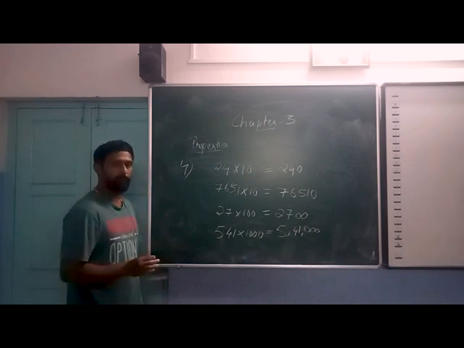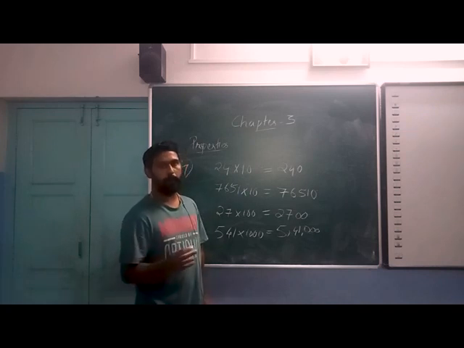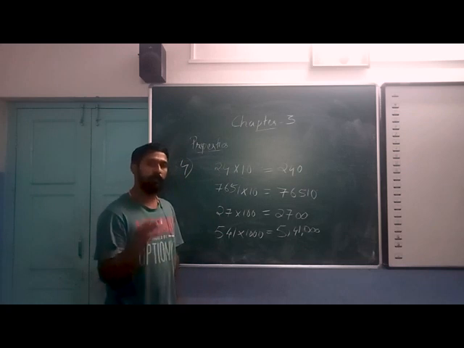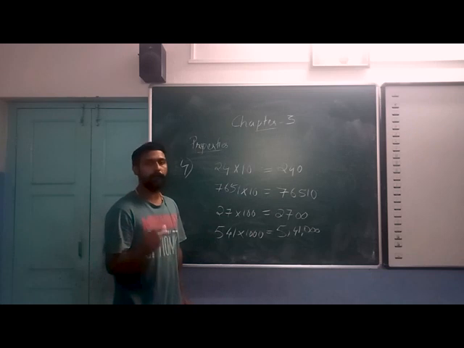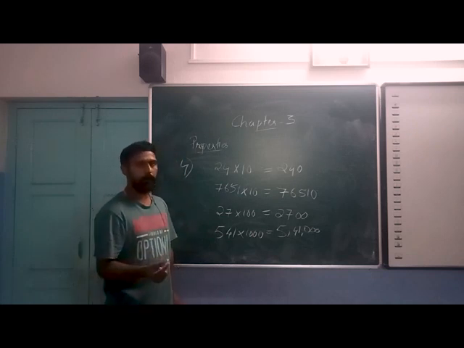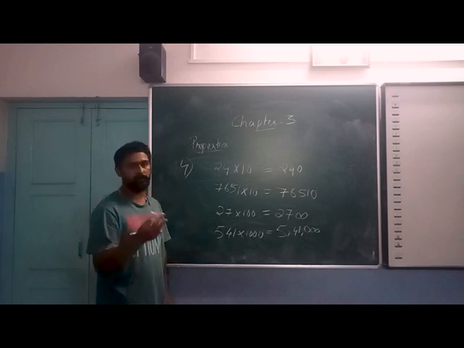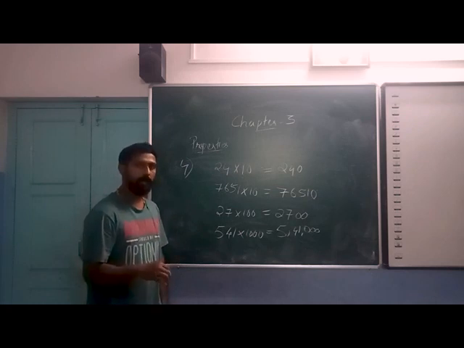So my dear students, in this multiplication we are trying to learn the four properties. First one is multiplying any number with 0 gives the product 0. The second one is if you multiply any number with 1, you will get the same number. The third property was if you change the position, just like in addition, even if you change the position, the result will be the same.